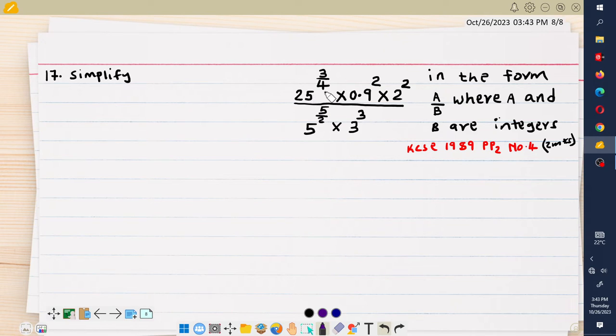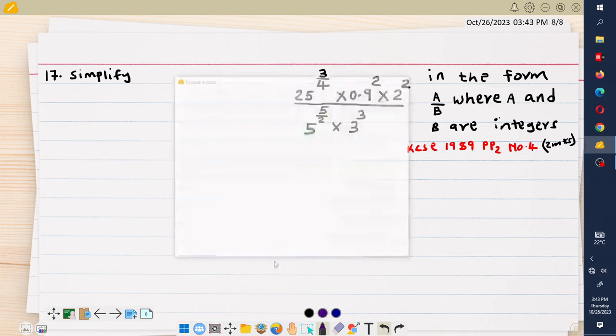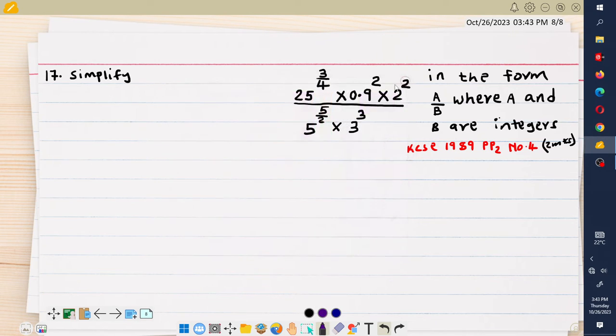So we know that 25 is the same as saying 5 to the power of 2. So this is 5 to the power of 2, then we multiply with 3 over 4, so times 3 over 4, that is on the power.